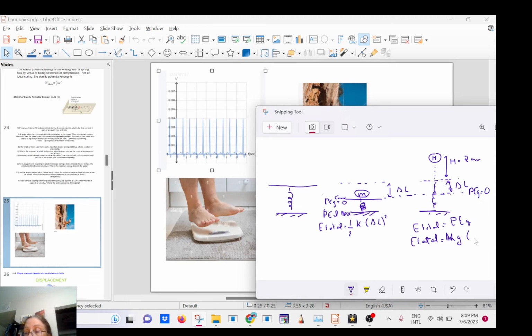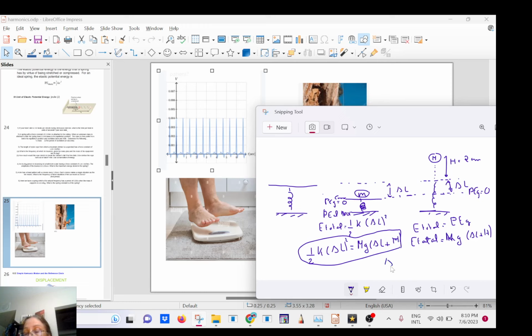So it's going to be delta L plus H. So you have the total potential elastic energy before. All that energy is going to go into the gravitational potential energy. So it's like before, right? It's very much like that problem here.